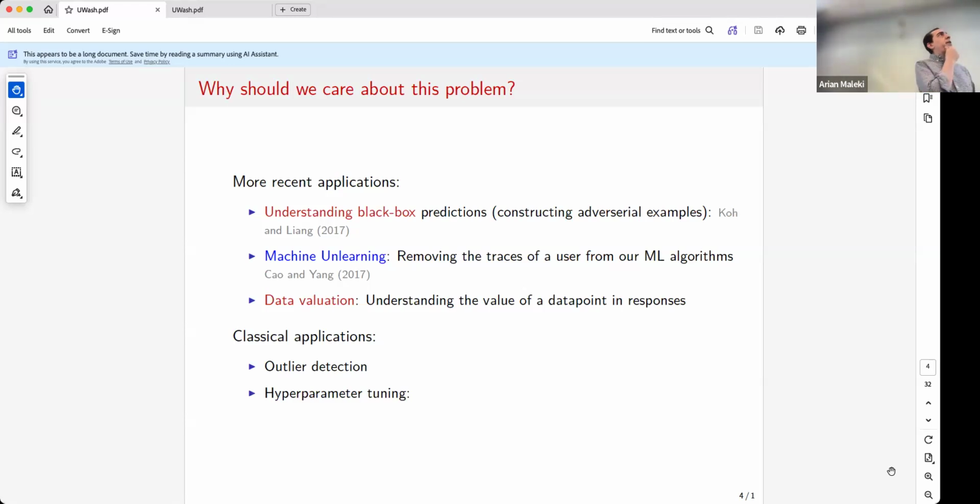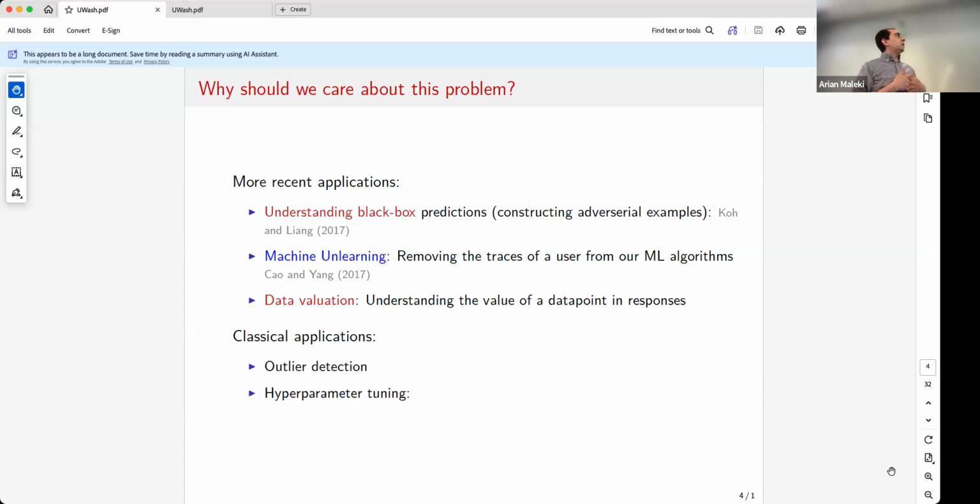So let's say Google has this large model, for example, a large language model, which has been trained based on many users' data points, and then you can prompt the model and get the outcome from, let's say, Gemini, right?